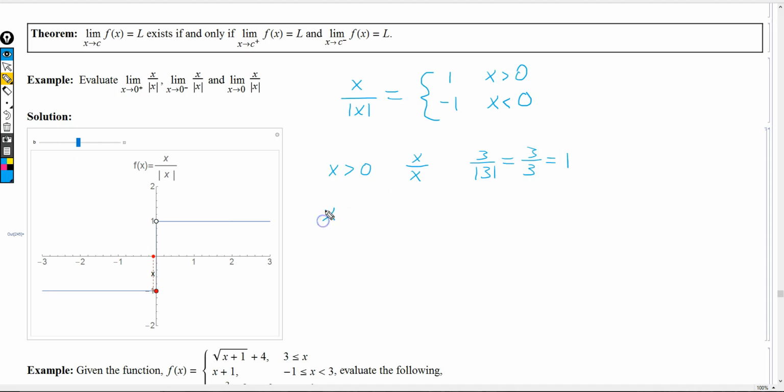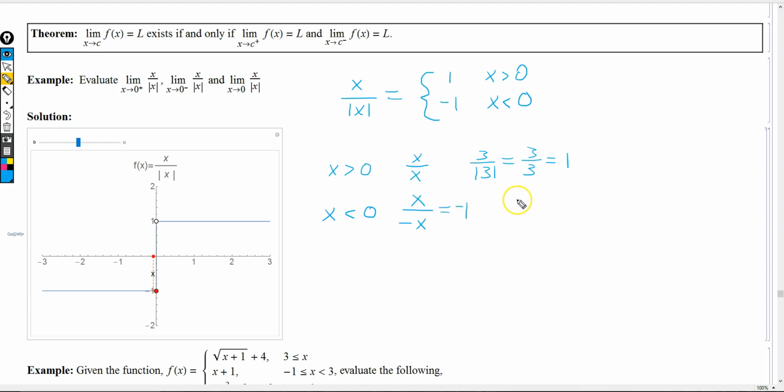On the other hand, if x is negative, then the absolute value of x is actually negative x, right? Because negative of a negative will make this positive. And this is equal to -1.